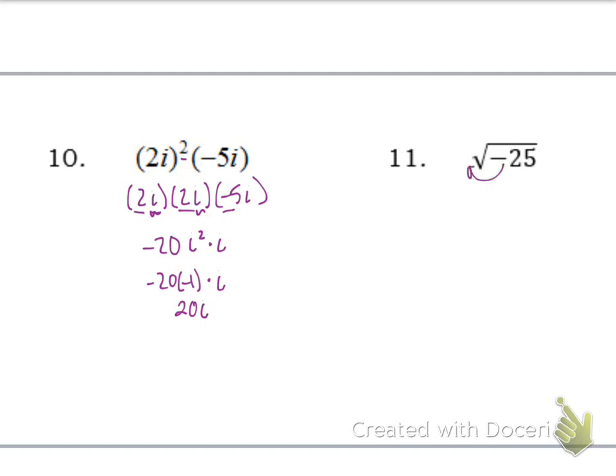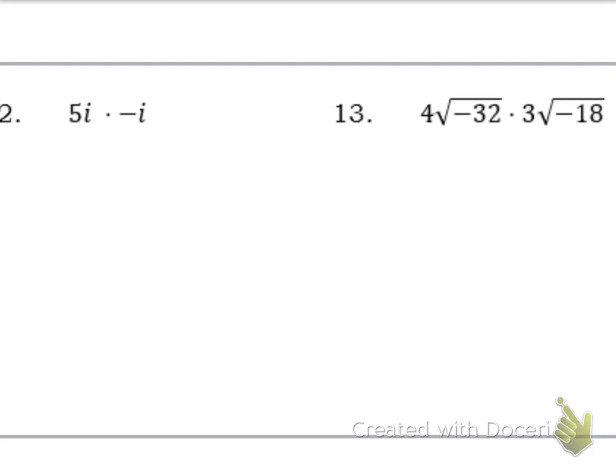Okay, we can pull this out by putting an i in front. Square root of 25 is just 5. If we are solving, then we would get the plus or minus. Okay, i times i, so 5 times this negative is -5. i times i gets me i squared, which we can change to -1. So I just get 5.